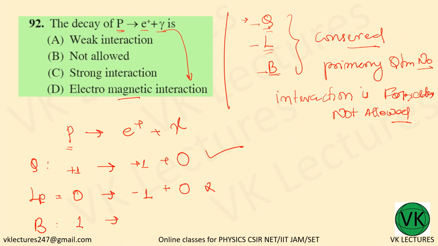Positron is not a baryon, 0. Again, gamma does not have a baryon number, so this is also not conserved. So L and B are not conserved, only charge is conserved. So the interaction is not allowed. So your answer is B.